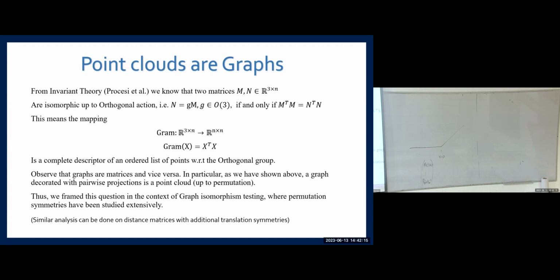So we just have a matrix of zeros and ones. If a node is connected to another, we put the 1. If it's not, then it's 0. In this setting, what we do is we put between each two nodes their projections onto one another. And we have some type of weighted graph, and we feed this into the network.